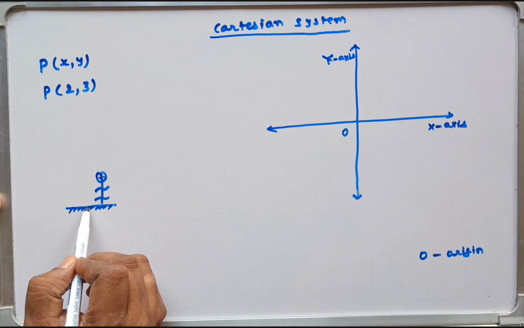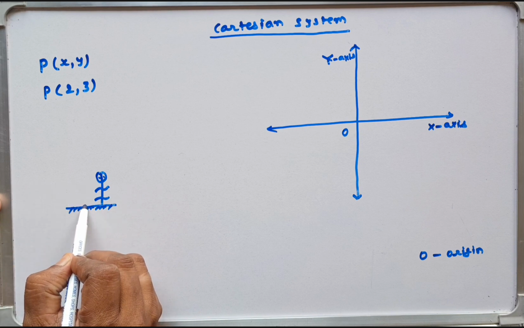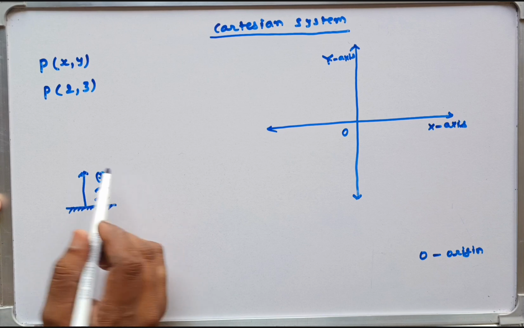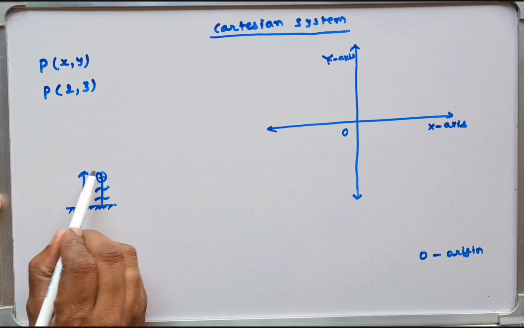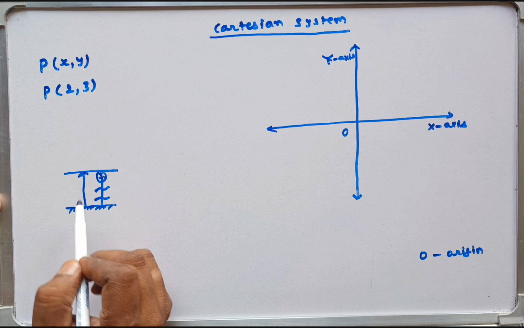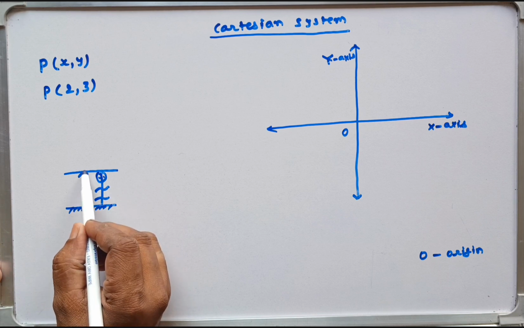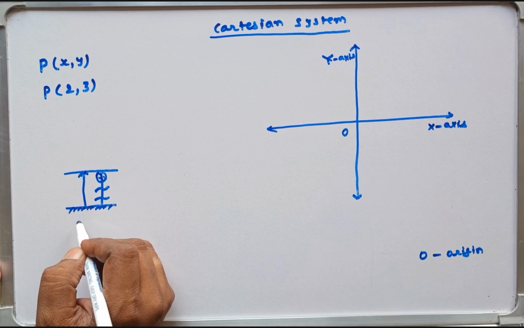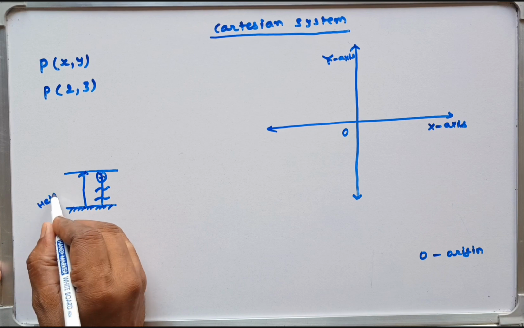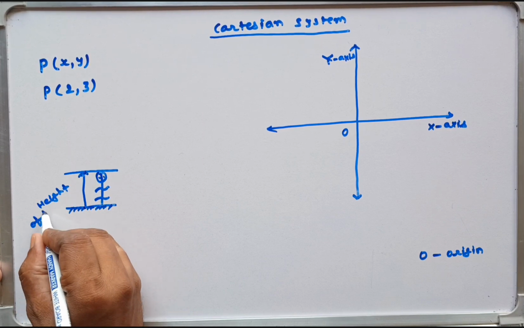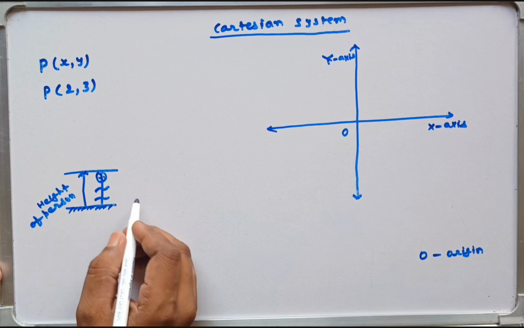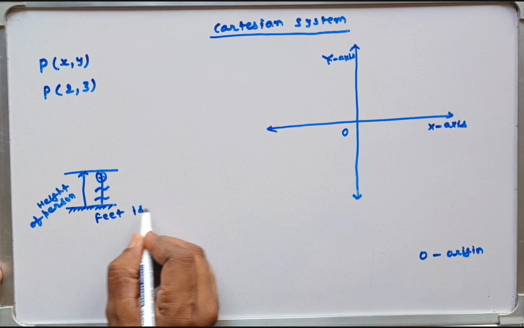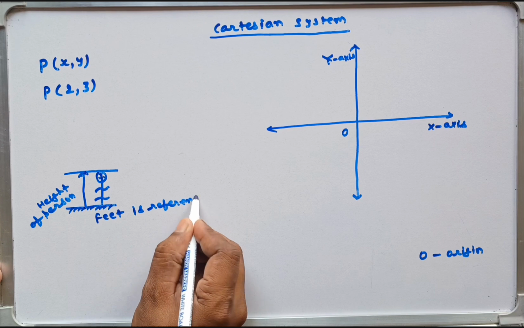Next you start moving from here in this direction, and you stop at the upper head of this person. Then what you see, the distance from here to here gives you the height of this person. So here his feet are the reference level.